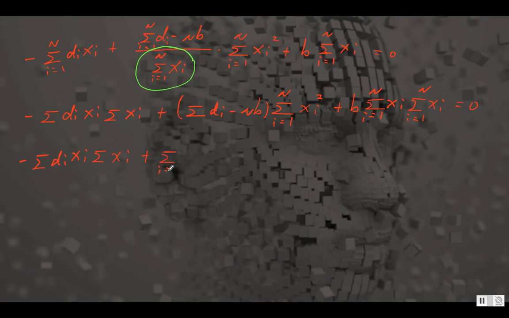Summation i equal to 1 to n, and then it's the di, summation i equal to 1 to n and xi square, and then minus nb, summation i from 1 to n and xi square, and plus b, summation i equal to 1 to n xi, another term.